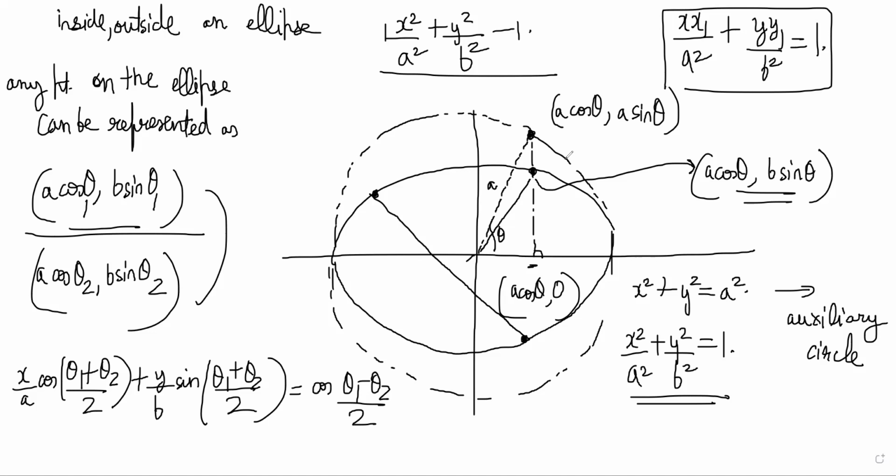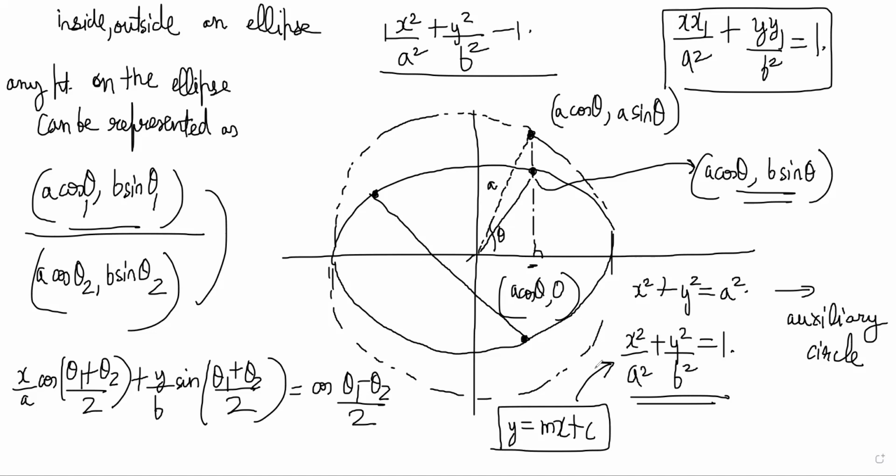The other way to write a tangent is by saying that a line y is equal to mx plus c can cut the ellipse, touch the ellipse, or not intersect, right? So if you solve y is equal to mx plus c with this curve, you will get the condition on the discriminant being 0, not 0, or greater than 0. Discriminant is 0 is the tangent condition because it is touching. That will be c square is equal to a square m square plus b square, right?